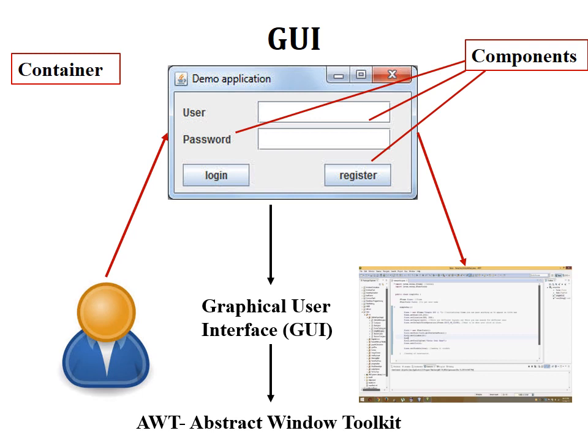A window that holds all these components together is known as a container. Here this window, which encloses the labels, text boxes and buttons, is a container window. You can relate this to a table which holds various things, such as your computer or laptop placed on top of it. So the table works as a container.